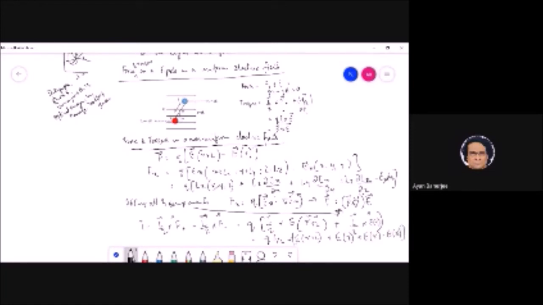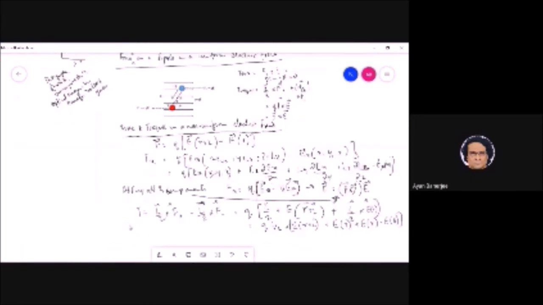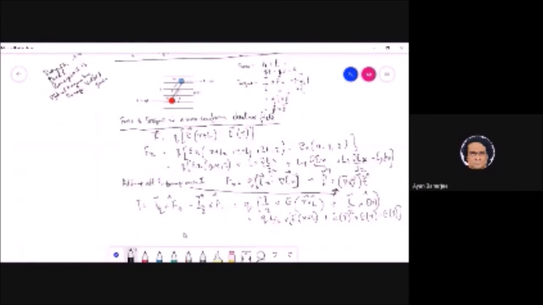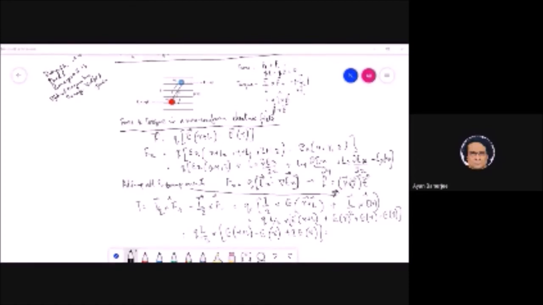And the moment you do that, what you see is QL by 2 cross this E of R plus L minus of E of R plus twice E of R. This is already there. So this part is known.